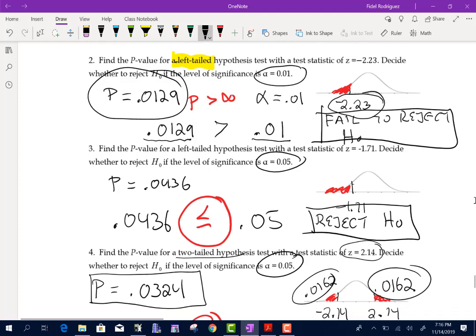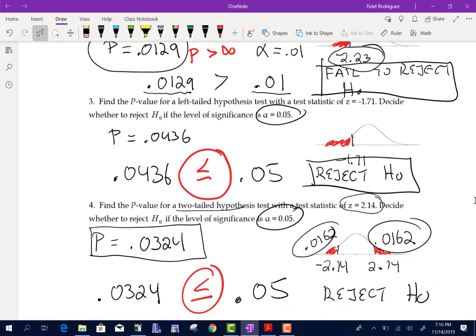And then for number 3, didn't we do the same thing on number 3? Exactly the same thing, because what kind of test was number 3? It was still a left tail test, right? So didn't we do this problem exactly the same way, right? Didn't we say, look, here's my z-value?